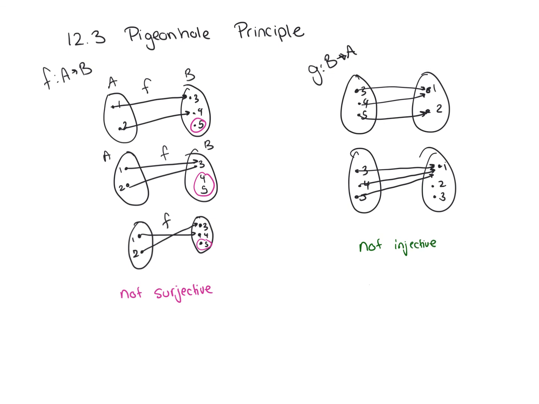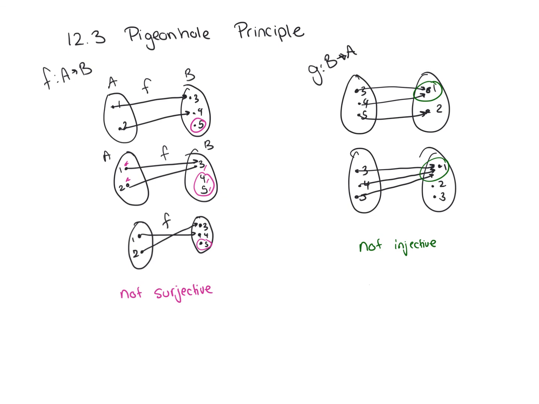And we can think a little bit about why that's true. Right here, I have 2 elements in A starting off, and then there were 3 spots in B. So there's no way that those 2 elements could hit all of those 3 spots. And when I went back the other way, I had 3 elements getting mapped into 2 of them, and there was no way that those 3 elements could go to 2 spots without them overlapping.